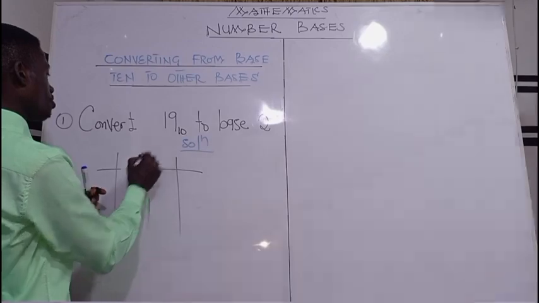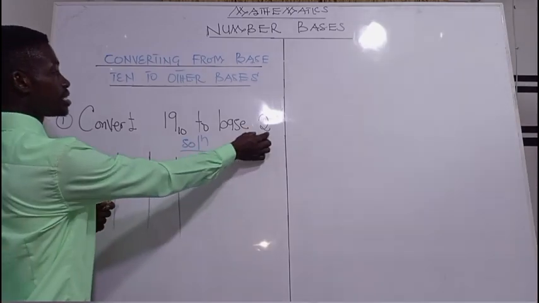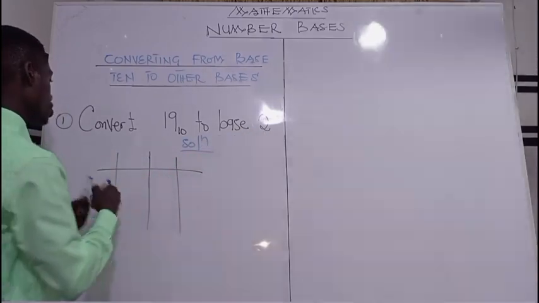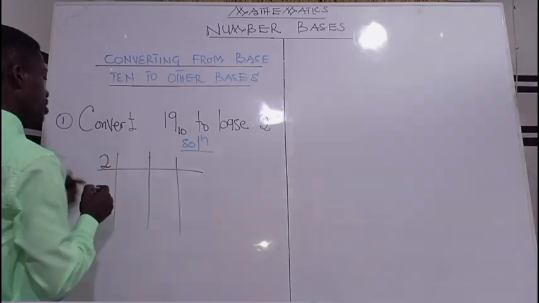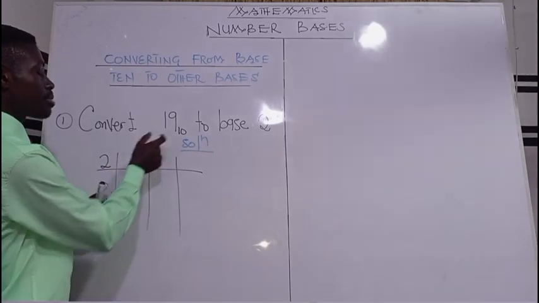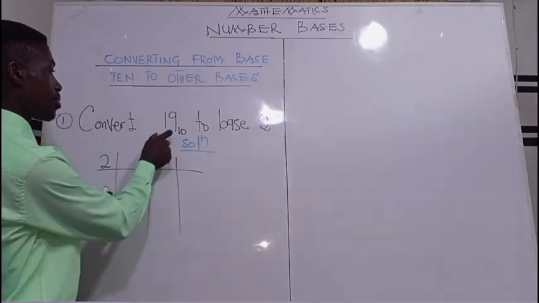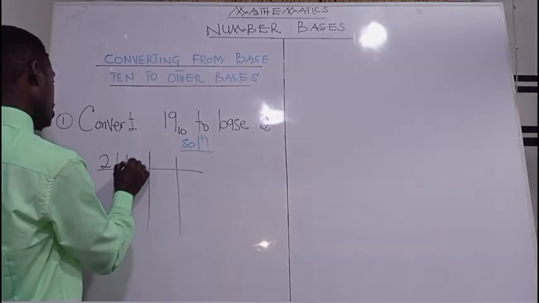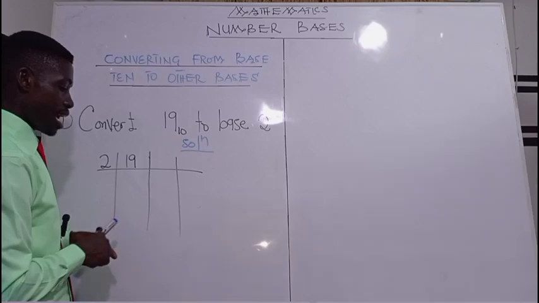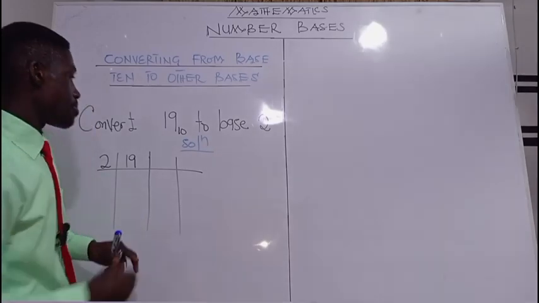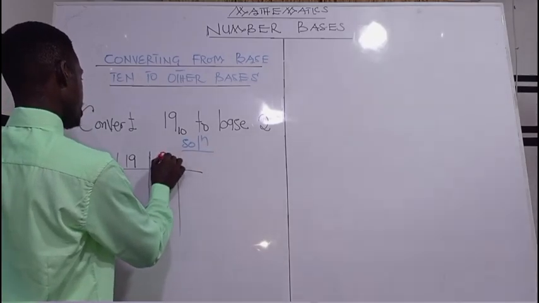The first column represents the base that we want to convert to, so we write 2 here. The second column represents the decimal number, which is 19 base 10, so we have 19. And the last column represents the remainder.